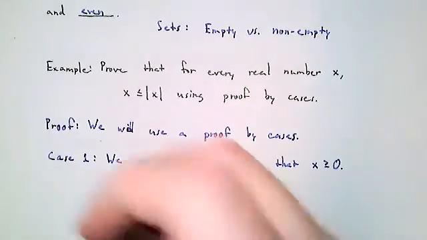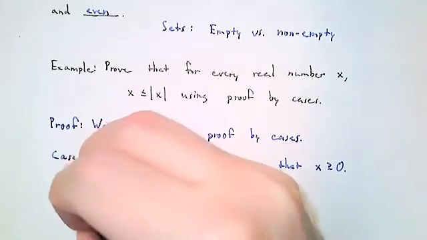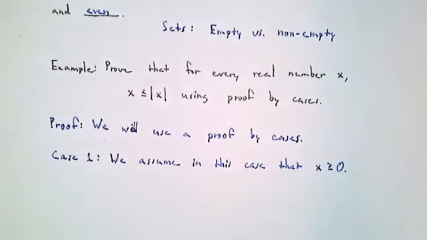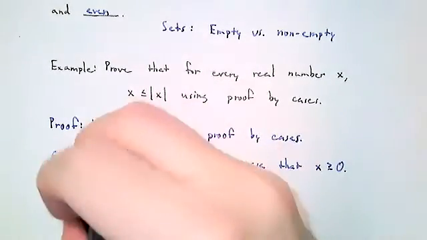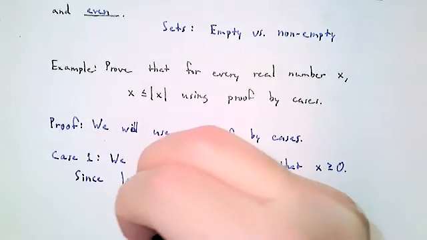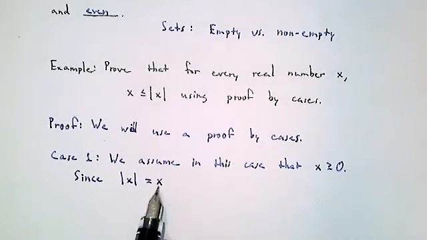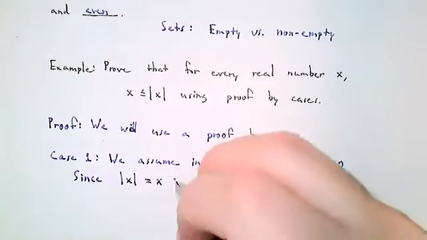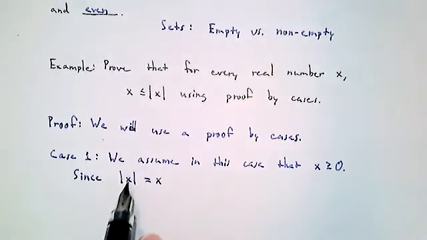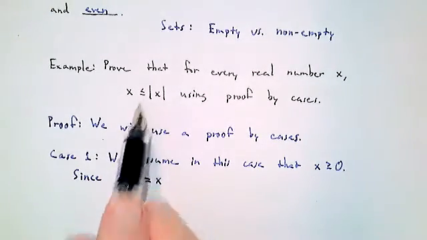And we know that if we take the absolute value of our number, we just get our number back. Remember, it's positive or non-negative. So the absolute value is the number itself. Since the absolute value of x is actually equal to x, we know that x is less than or equal to its absolute value because it's actually equal.